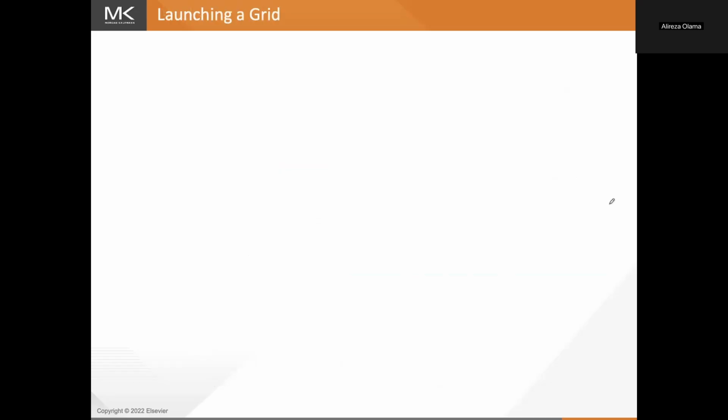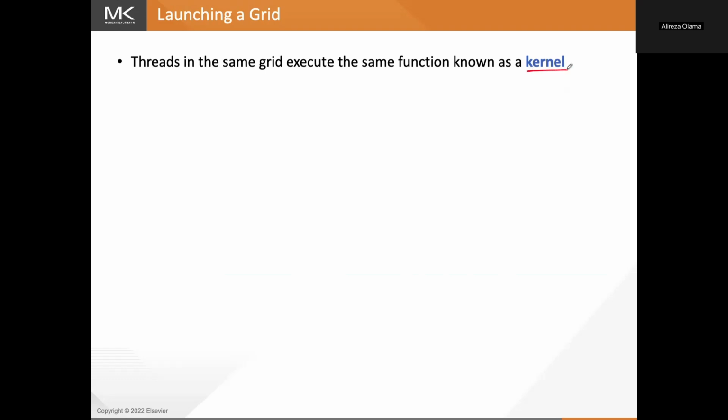So let's talk about it in more detail: how we can launch a grid. The function that I was talking about, in our example the vector addition function that you want to execute on the GPU, is called a kernel, right? A kernel is a function that is executed on the GPU.